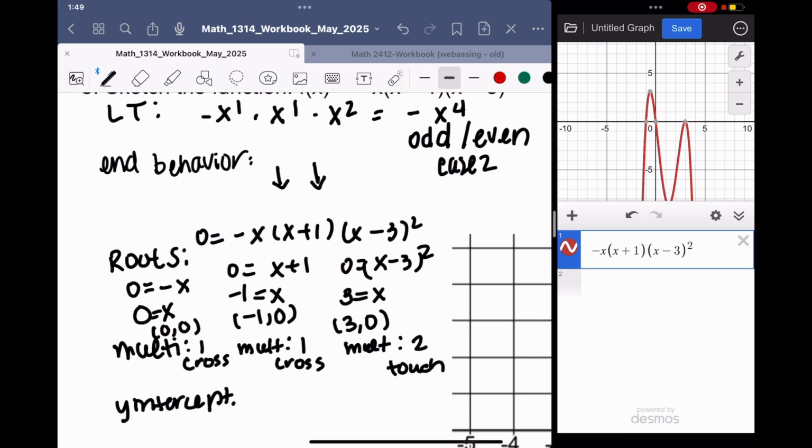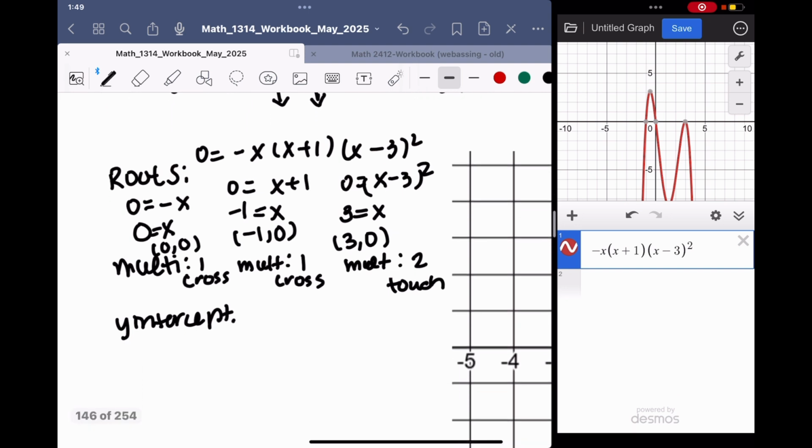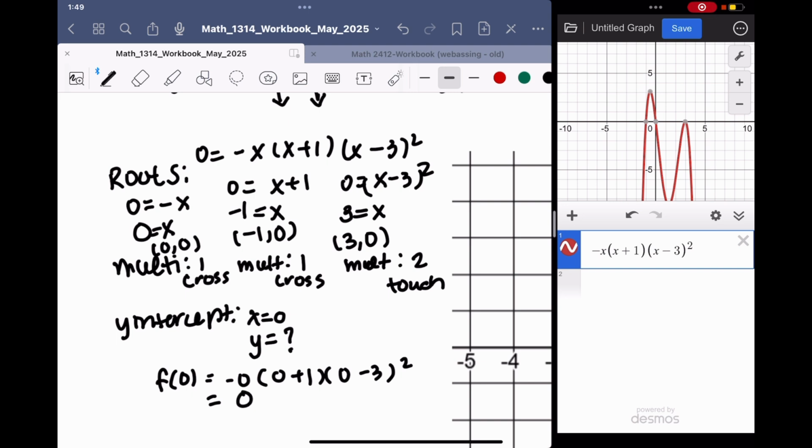And then the y-intercept, remember we're saying that x equals 0 and we want to solve for y. So f of 0 equals negative 0 times 0 plus 1, and then 0 minus 3 squared. So we're going to get 0. That means our y-intercept is going to be 0, 0.